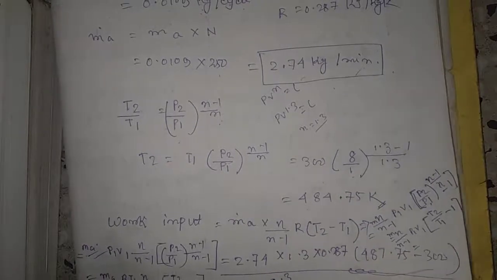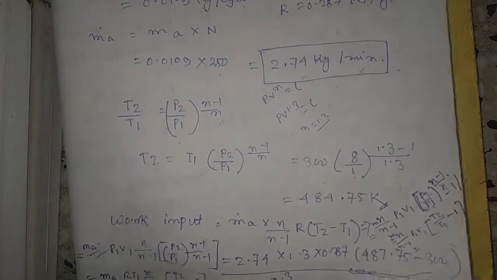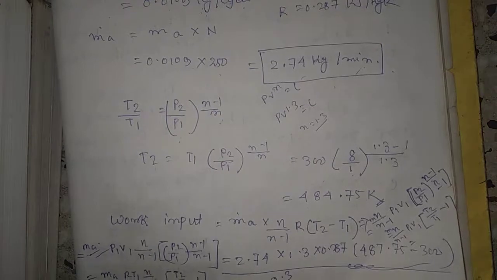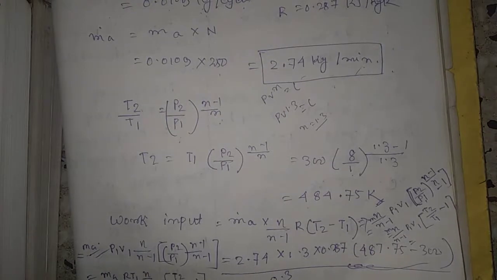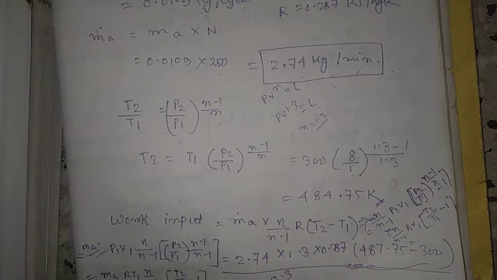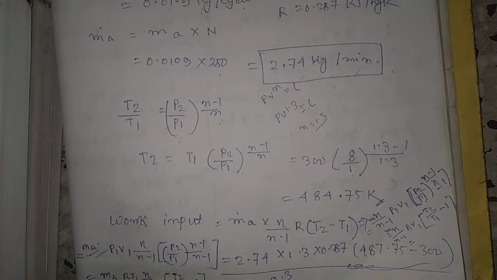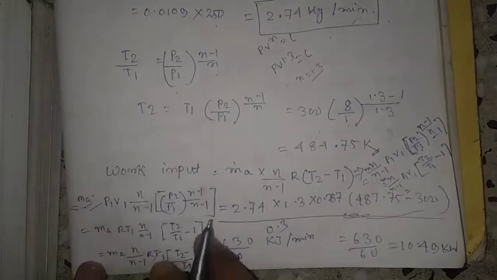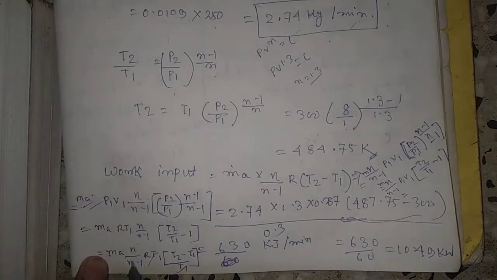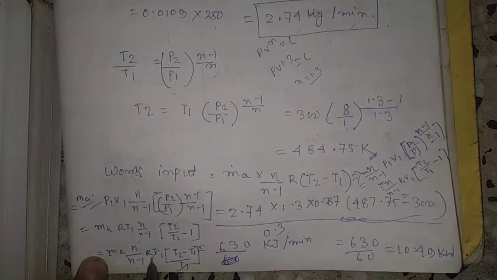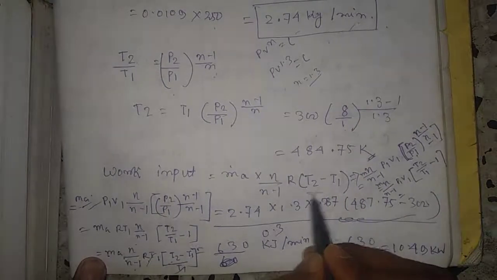Now MA n by n minus 1 R T1 into T2 by T1 minus 1, so T1 will be cancelled out. Ultimately the equation is MA into n by n minus 1 into R into T2 minus T1.